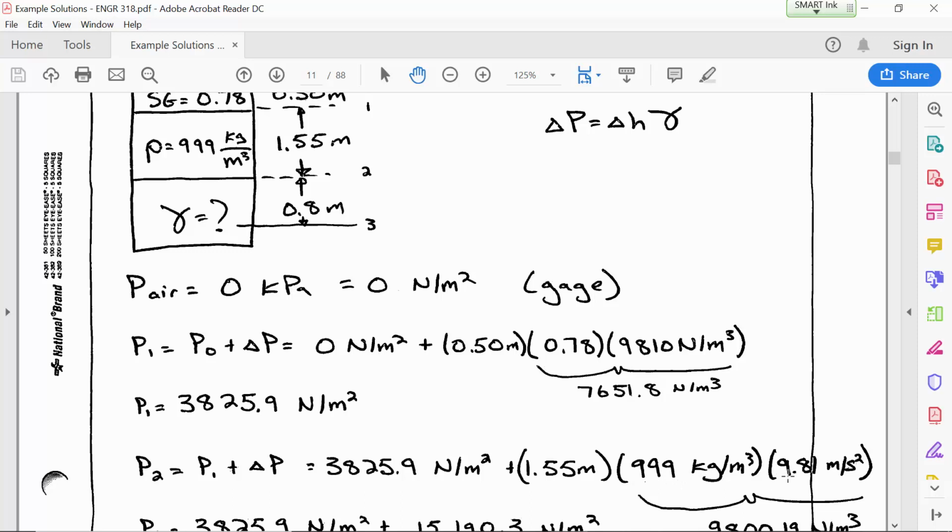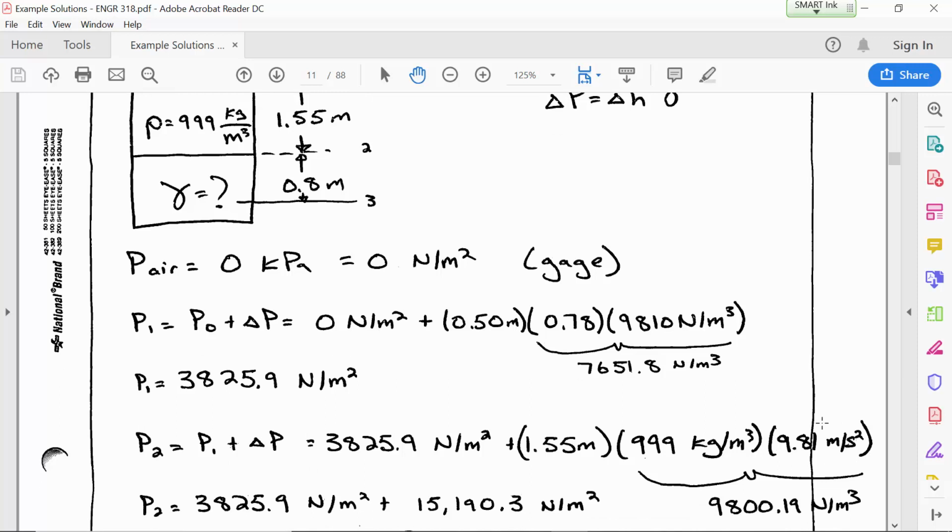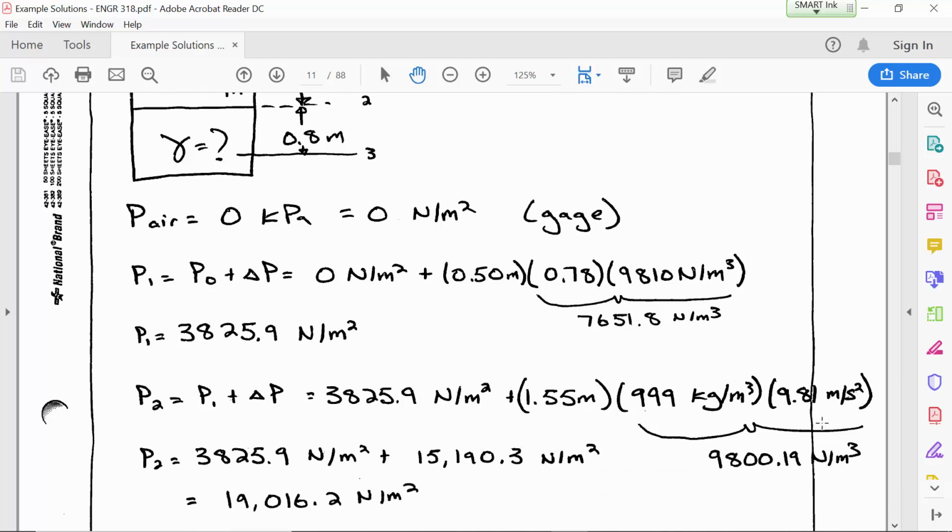And to get the unit weight out of that from a density, we multiply the density by gravity, 9.81. All right, so the pressure at 2 is going to be 19,016.2 newtons per meter squared. So it's accumulating the pressure as we go down.